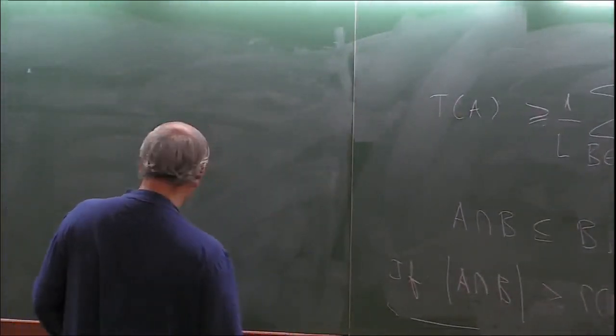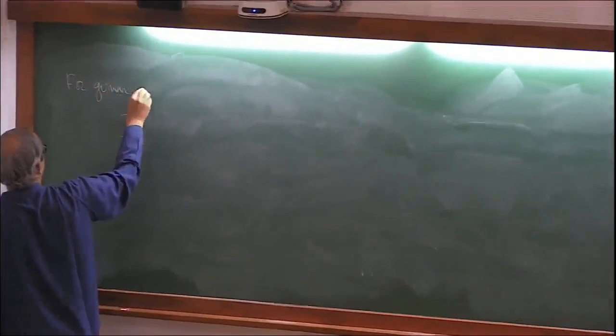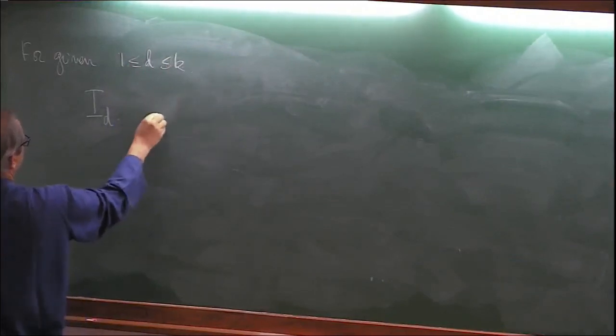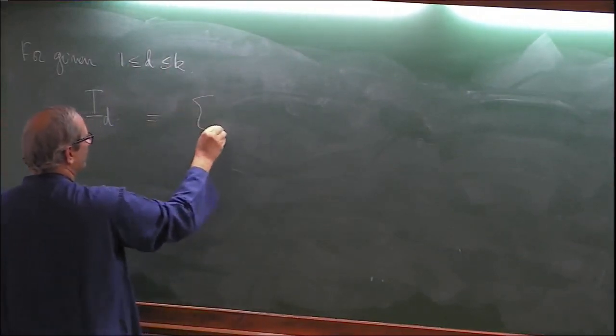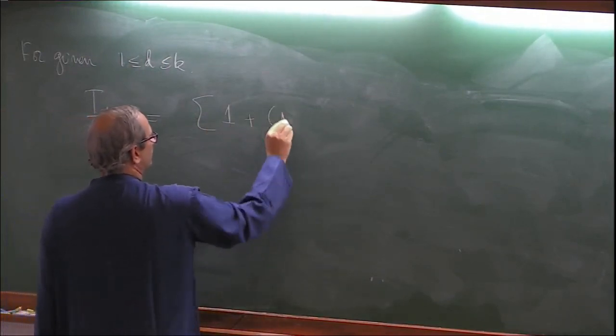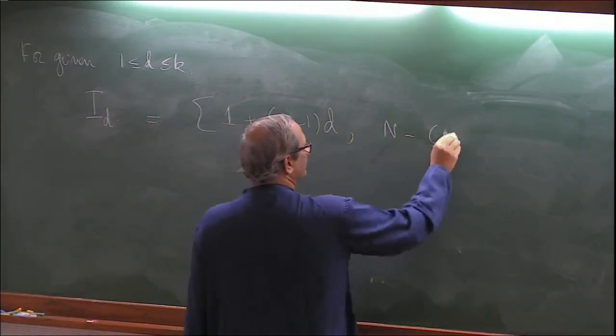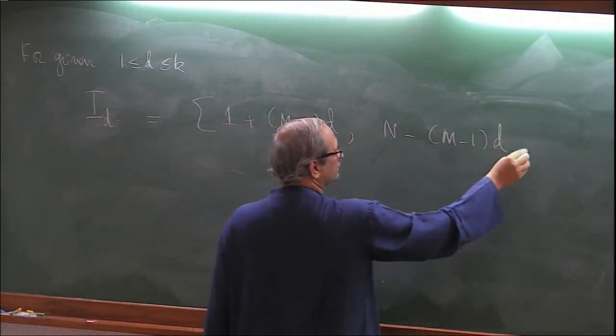So you consider the interval I_D here, for a given D. Consider I_D, which is this interval, namely 1 plus (M minus 1)D to N minus (M minus 1)D.